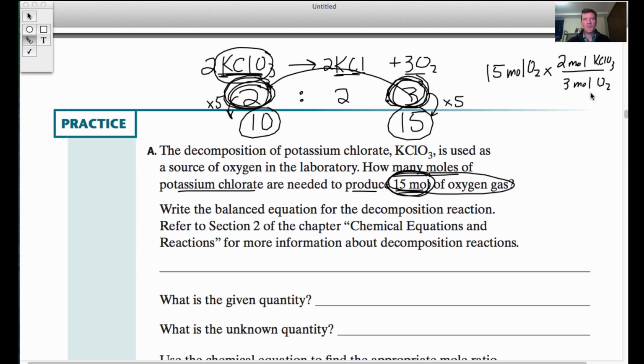Why did I put the 3 moles of oxygen in the denominator? Because I started with moles of oxygen, and so I want to cancel moles of oxygen. So now I do this calculation, 15 times 2/3. Well, 15 times 2/3 is going to give me my 10. 10 moles of the potassium chlorate. Okay?